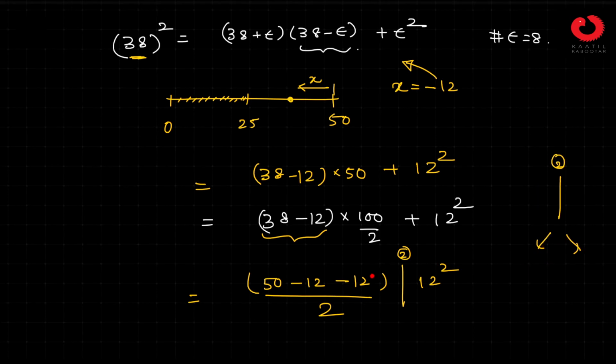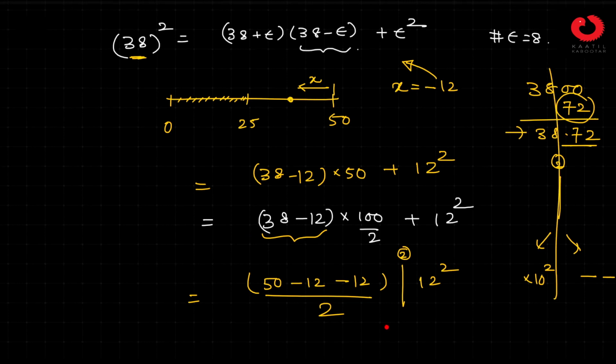First meaning is that the number on the left side is multiplied with 10 to the power 2, and second, that on the right hand side there will be two digits which will not be affected because of these two zeros. Suppose there is a number like 3800 and you add any two digit number to it, 72, you can see the 72 is not changing because of these two zeros, and this will directly add up to 72 and this 38 will stay on top. So similarly, writing this as balancing line, we can write this.